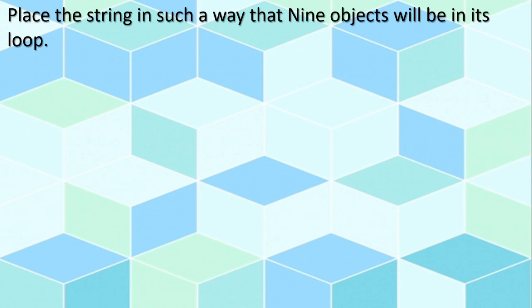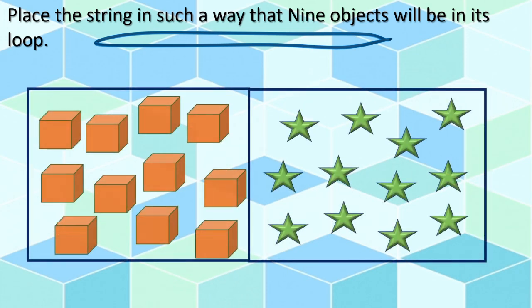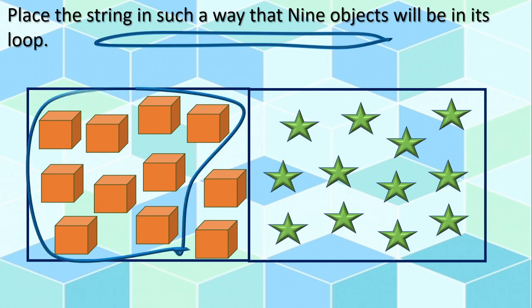Next we have to select 9 objects. Right? Place the string in such a way that 9 objects will be in its loop. Here we can see the boxes and the stars. How many do we have to select? 9. Correct? We will go through here. Yes, we have selected 9.